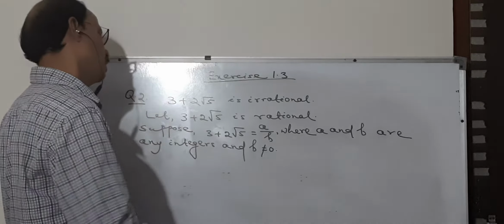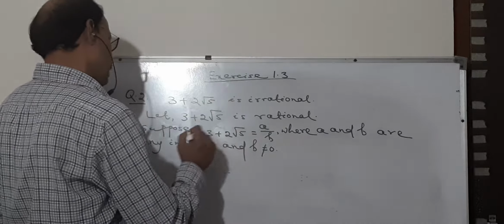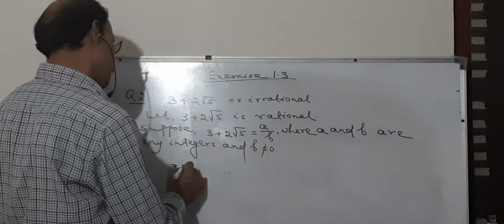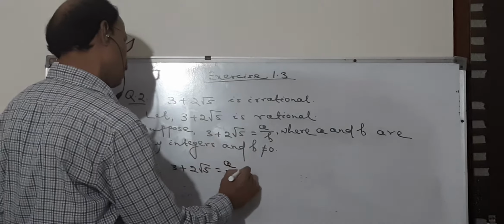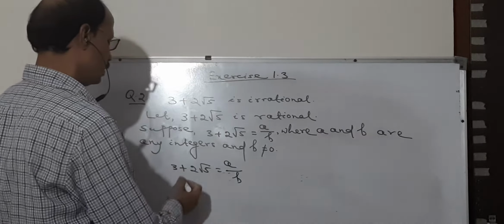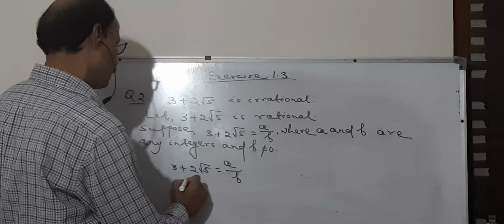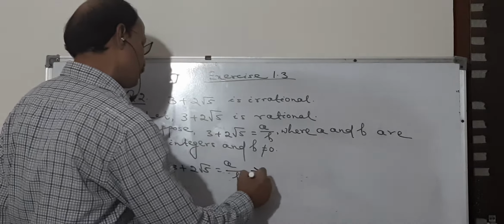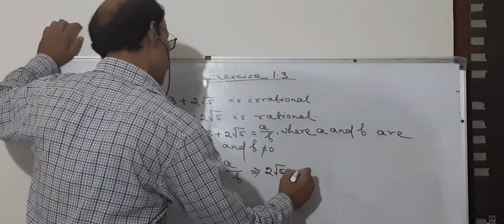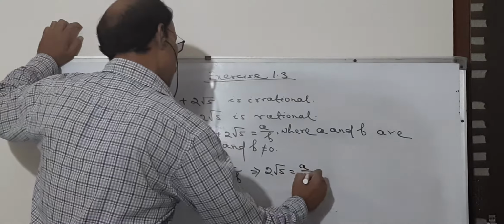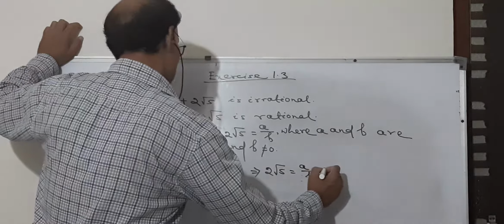Okay. So let's write it again. 3 plus 2 under root 5 equal to a upon b. So just take this 3 to that side. So it will be 2 root 5 equal to a upon b minus 3.